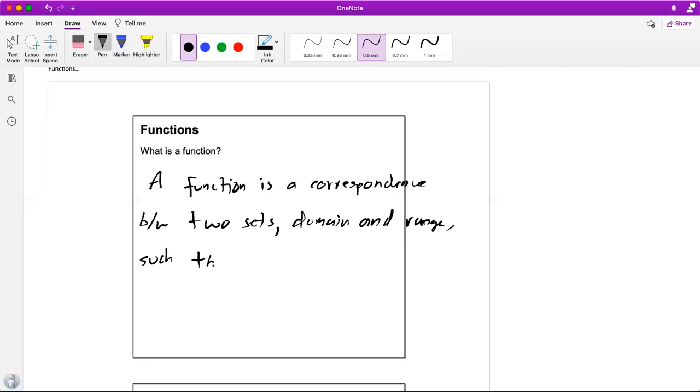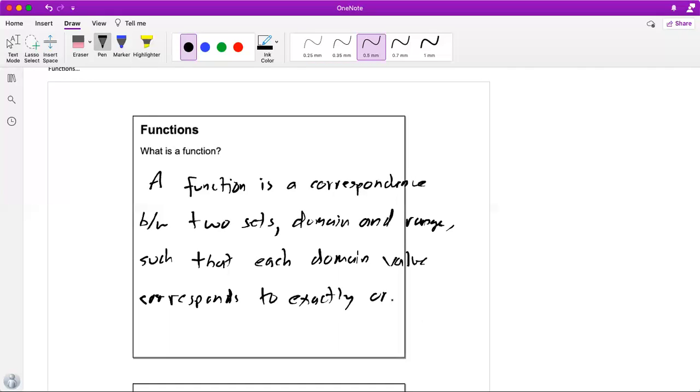Such that each domain value corresponds to exactly one range value. I say value, they don't actually have to be values. Maybe I should say this.